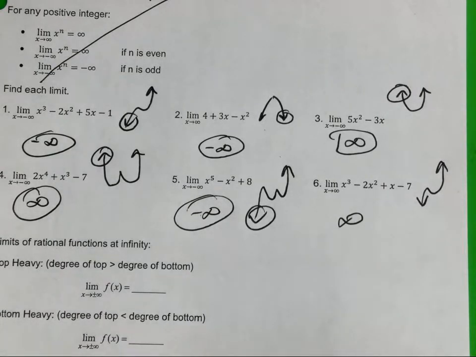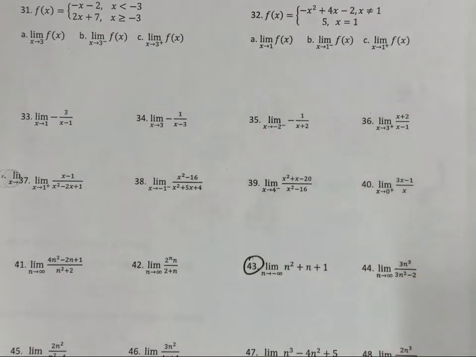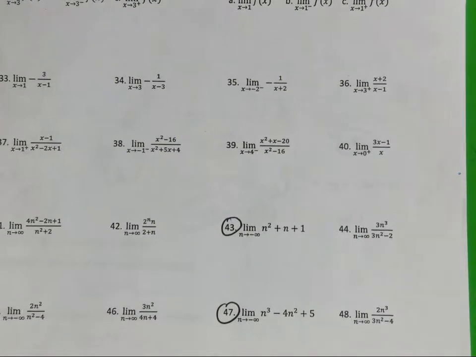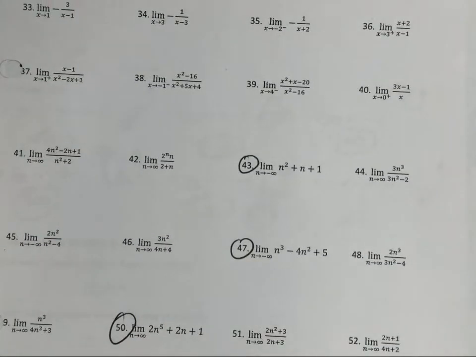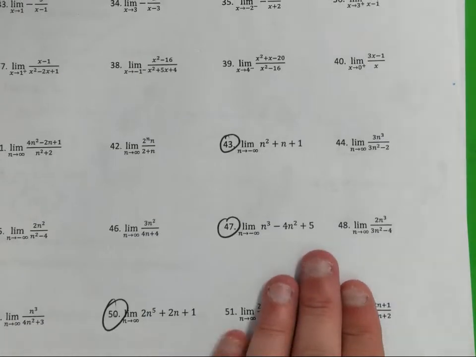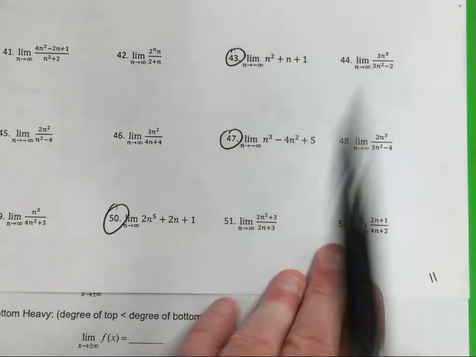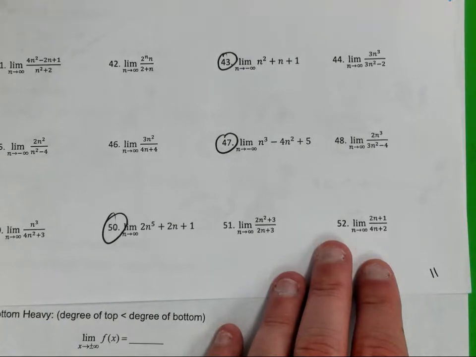Alright, turn to page 11, and I want you to do number 43, 47, and 50. Do those 3 right now, then we're going to go over it. 43, 47, and 50. Should take you no time. You need to draw it to be able to see what's going on, don't you? Yes. Guys, all these are going to be mixed up in your test Friday. You're just going to be able to look at a situation and say, okay, this is going to infinity, negative infinity. I need to sketch a picture. 43, 47, 50. Take your grand total a minute.